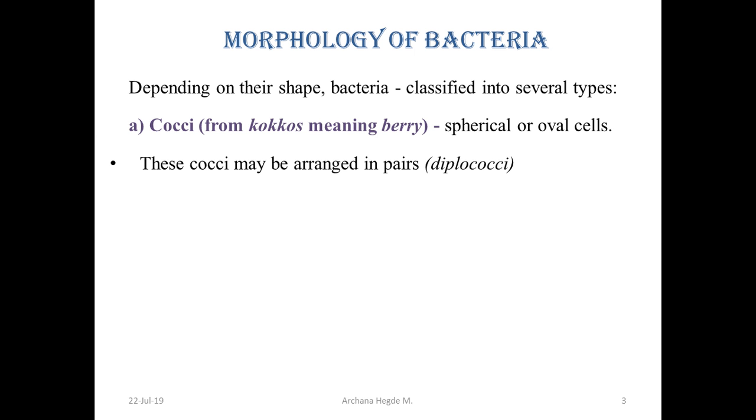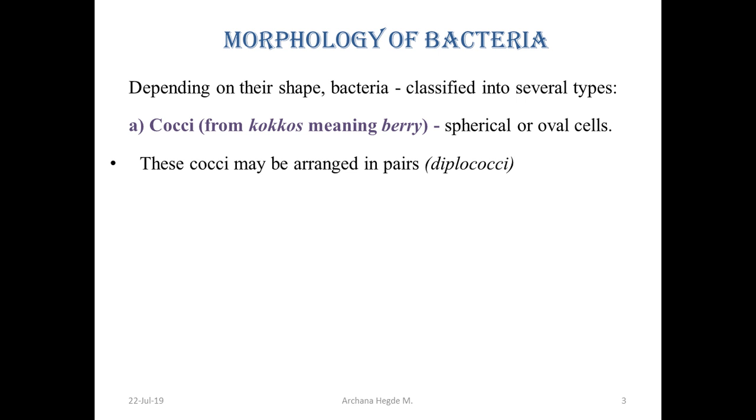Morphology of bacteria. Depending on their shape, bacteria are classified into several types. Cocci: the first one is the cocci, from coccus meaning berries, which are spherical or oval in shape. These cocci may be arranged in pairs or in chains.